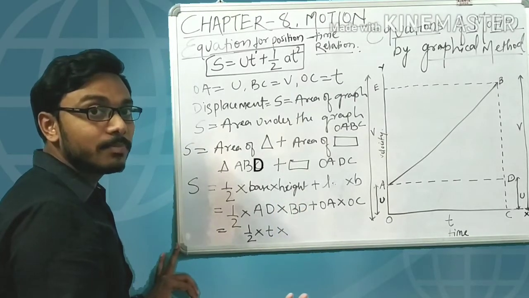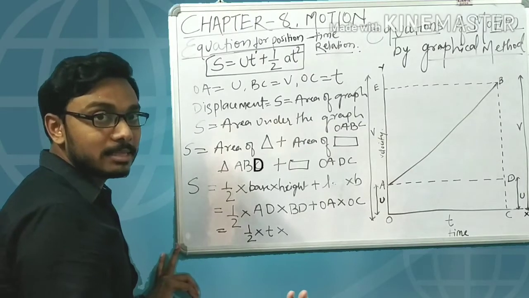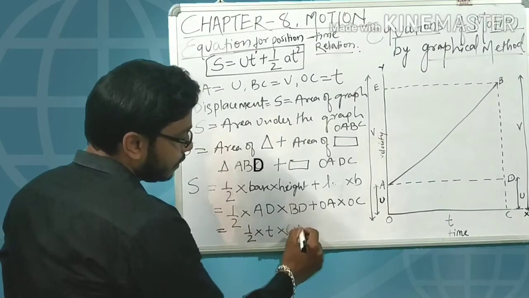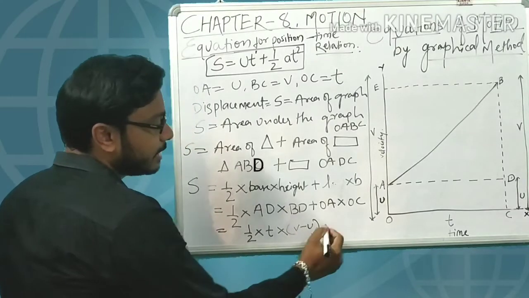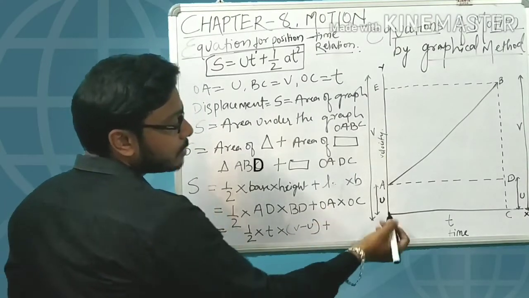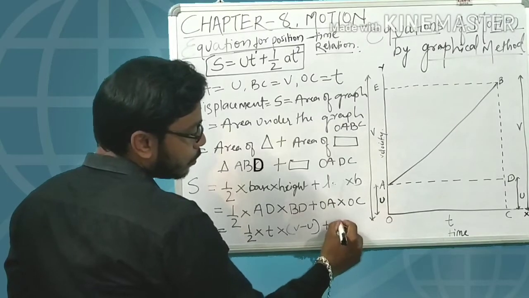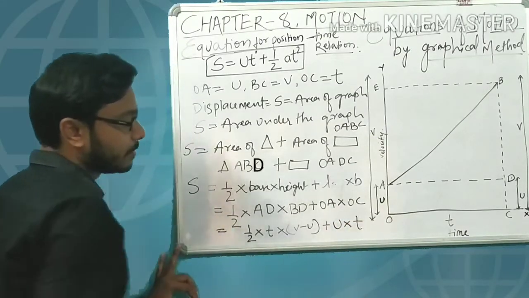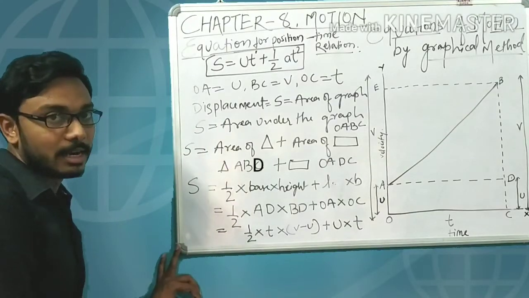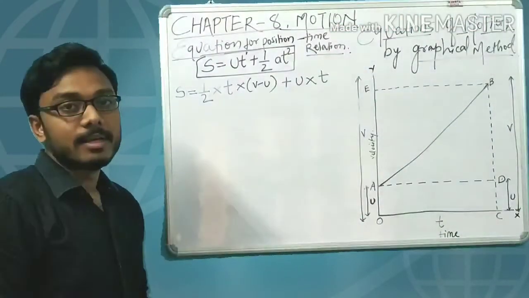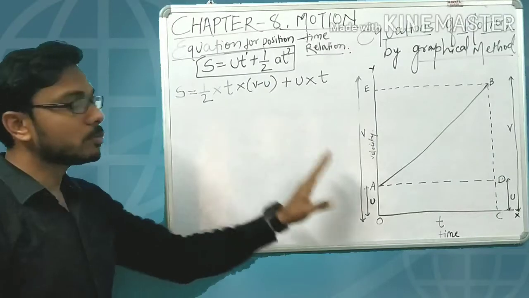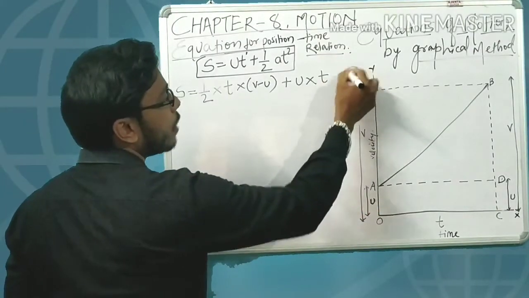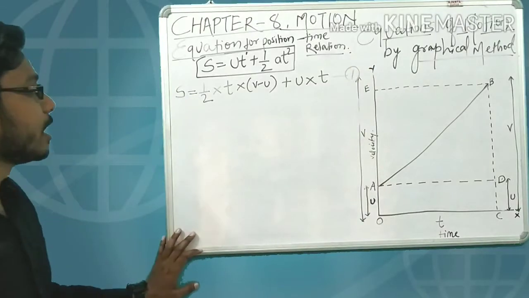That was V minus U, final minus initial. So we can write directly V minus U, that is BD, plus OA. OA is u into OC, which is t. So by substituting the values of the sides, we have got this equation. Let us number it 1.